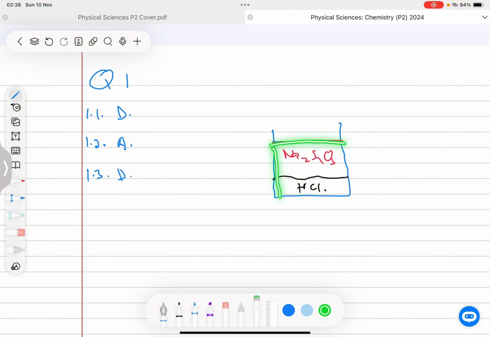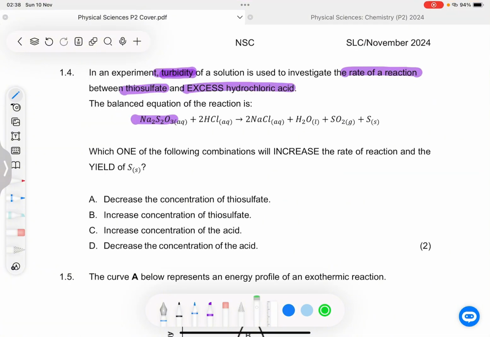Now, notice that I've made this a lot in this beaker because it is in excess.